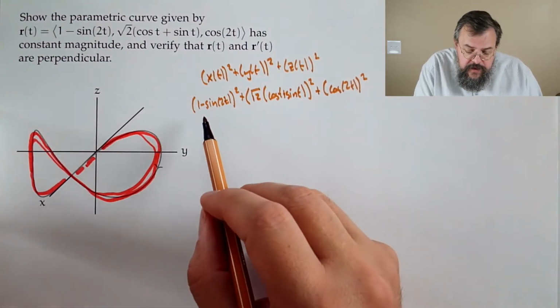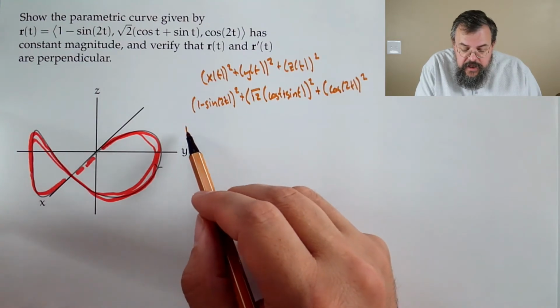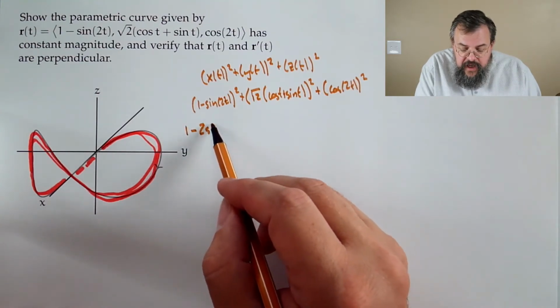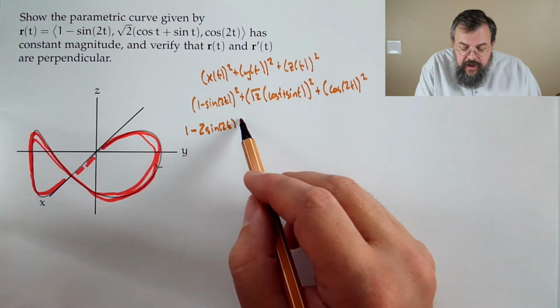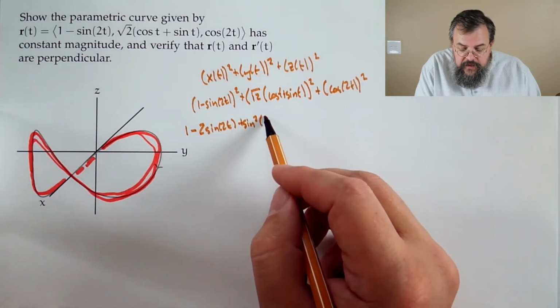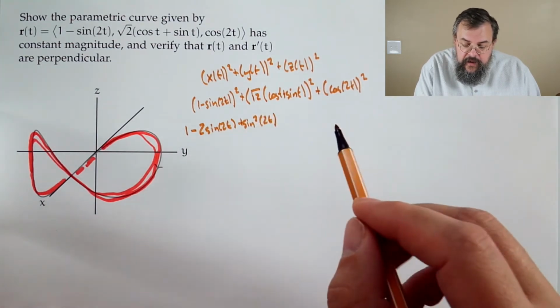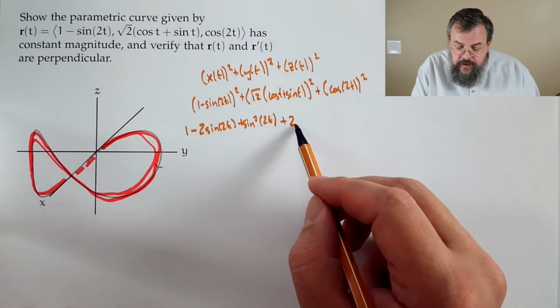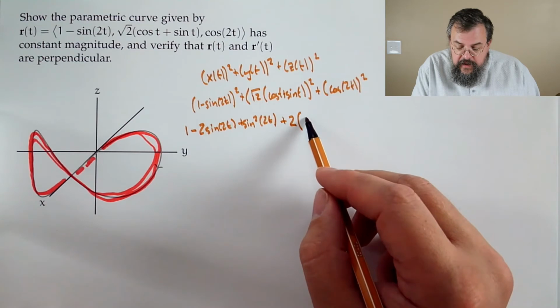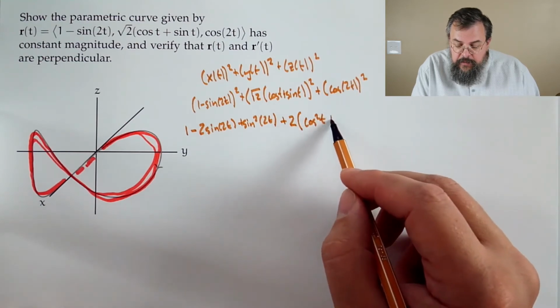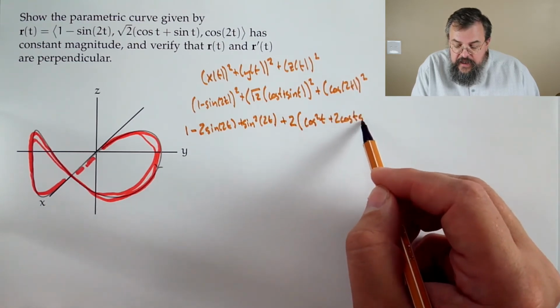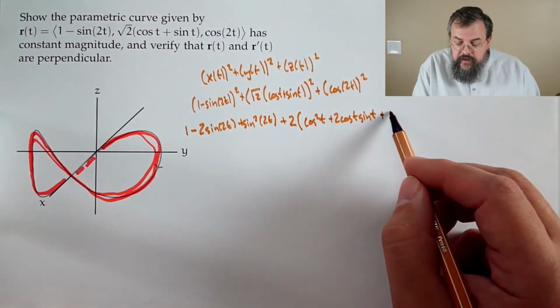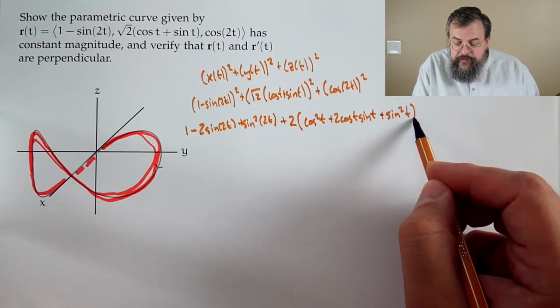Now the first term isn't so bad. That'll be 1 minus 2 sine of 2t plus sine squared of 2t. Okay, that's not, like I said, not so bad. Then the next term will be 2 times, then we square that. Cosine squared plus 2 cosine sine plus sine squared.